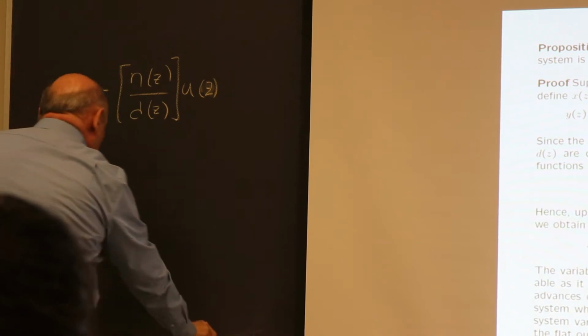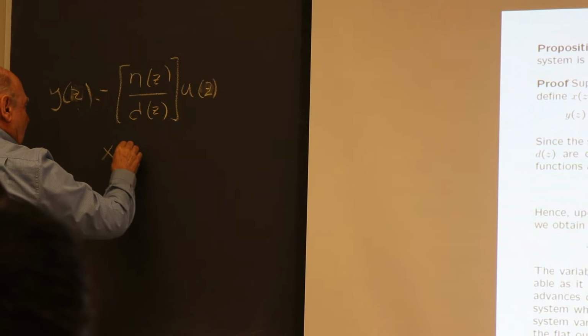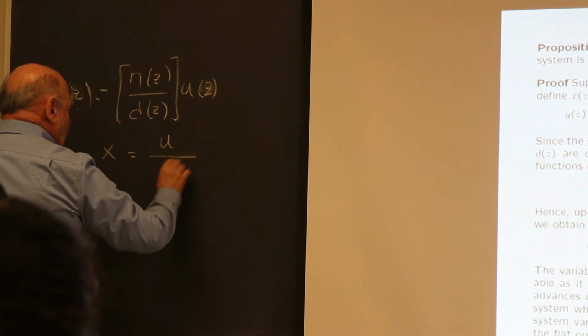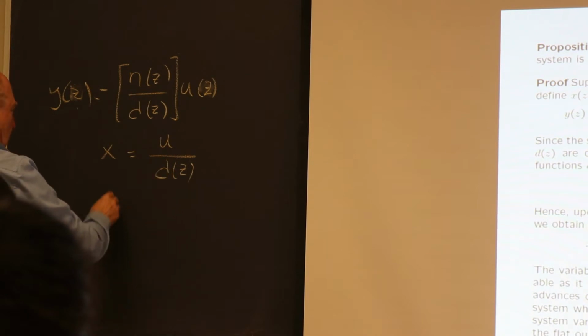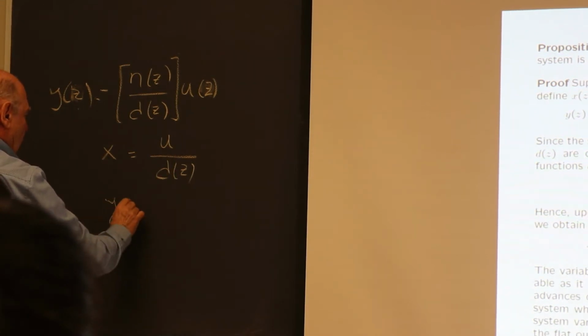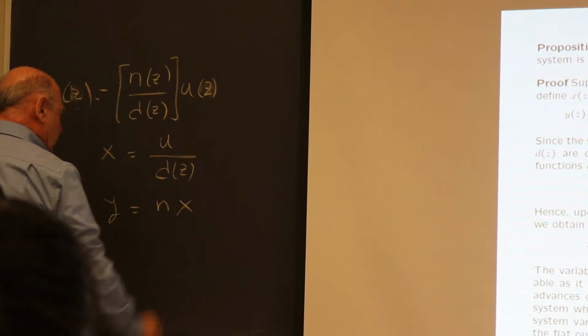So again, as we did in the continuous time case, if we define x as u divided by d, then evidently the output y can be written as n times x.